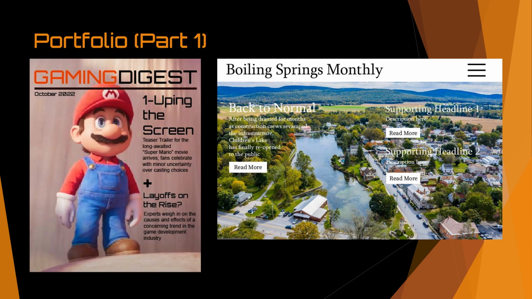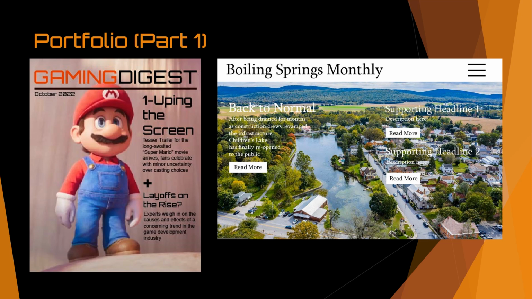I like the header on this one. I kind of wish I had figured out a way to make the text show up against the image of the town more.